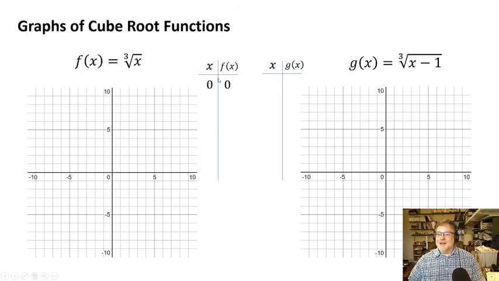So let's first of all try some easy stuff here. 0, 0, so that's going to be a point here. I'll plot this. We also have 1, 1 as a possibility here as well, so I'm going to plot that. 8 and 2. Wow, I've got to jump all the way to 8 here now in order to get 2.